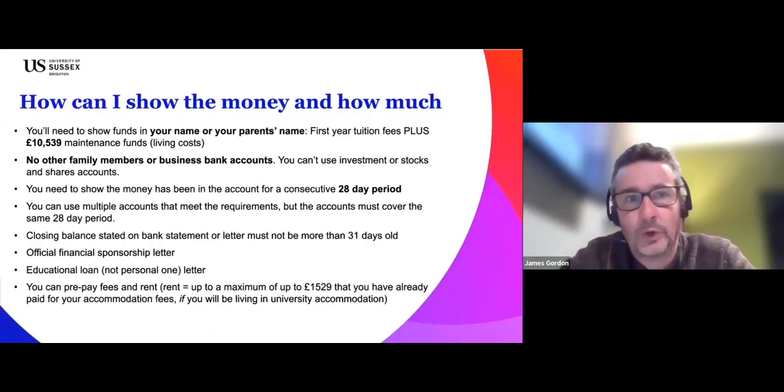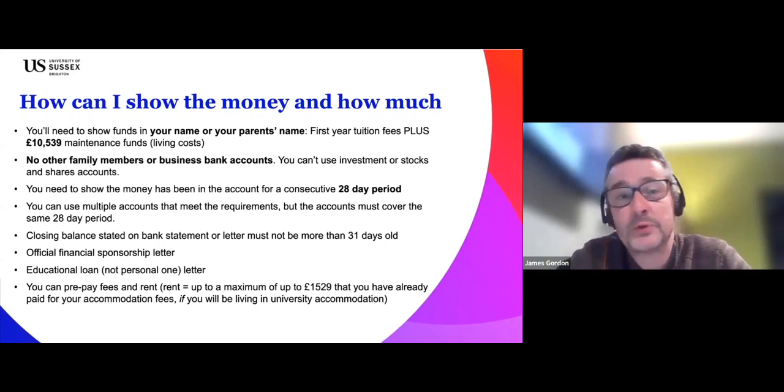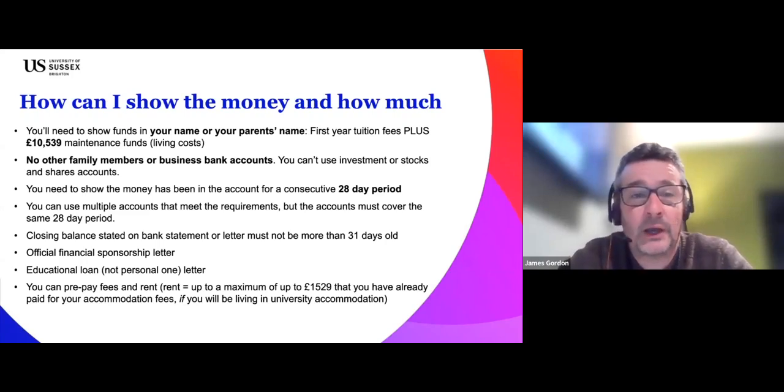So let's have a look at what the requirements are. You will need to show a certain amount of money, most commonly in an account in your name or your parents' name. That amount will be your first year tuition fees plus a certain amount of money, which UKVI call maintenance funds, which is basically to show that you can support yourself and manage your living costs in the UK.